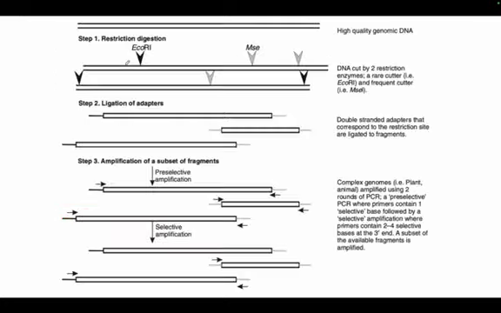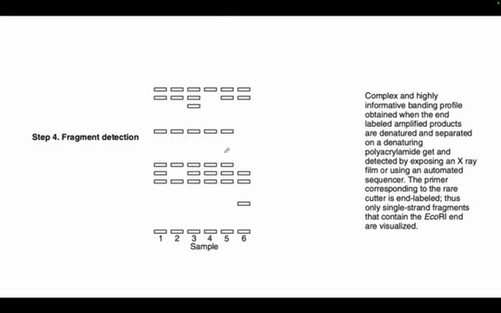Amplified fragment length polymorphism is now going to amplify these fragments. Basically, you digest with two restriction enzymes, get a series of fragments, amplify these fragments, and then detect them.